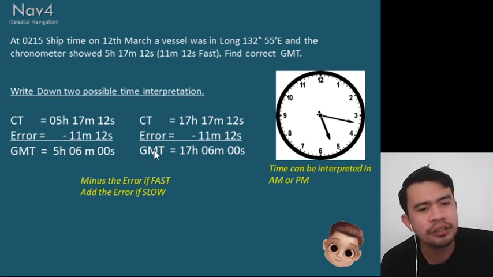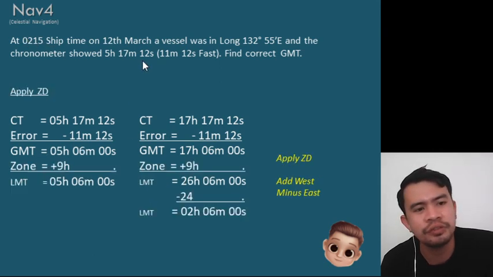So, ang gagawin natin is i-convert natin tong GMT time na to into this local time, and we will check kung alin yung mas malapit dito sa local time natin na 02:15. So, what we did is, di ba, ito nating chronometer time na 5:17, ito 17:17, and this one, nilagyan natin ng error. And then, we got the GMT answer here.